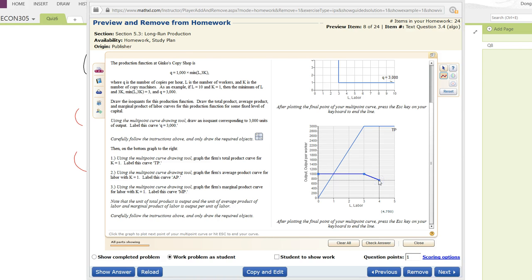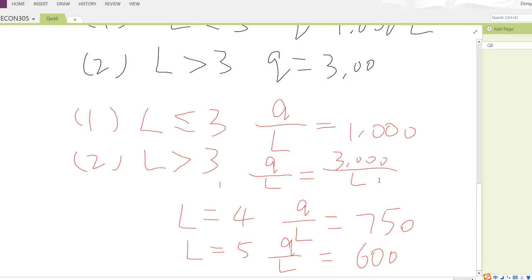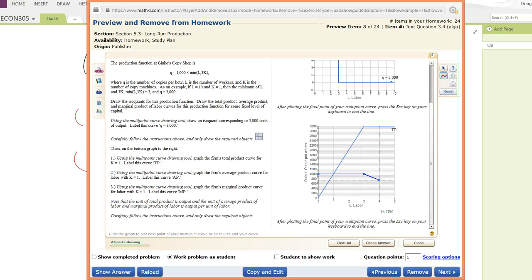And when L equals 5, this AP equals 600, it's right here, and then that's our AP. All these parts, the horizontal part and this curve, are AP.